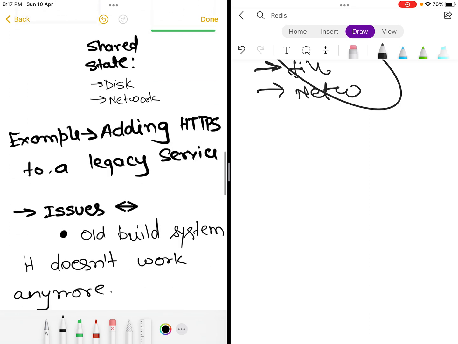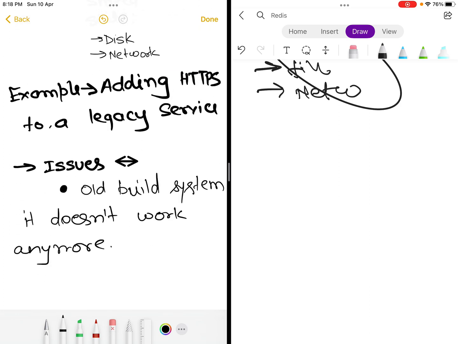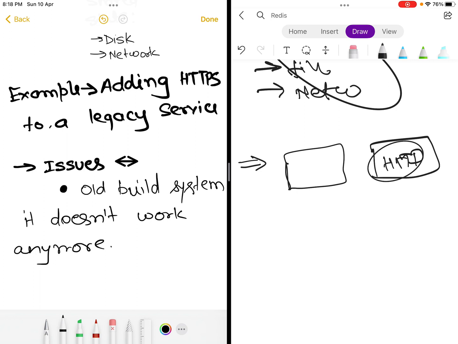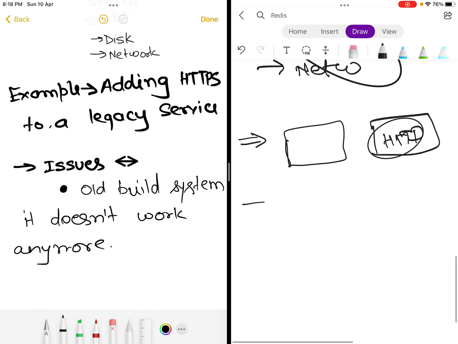Let's look at one case where the sidecar will be used. Suppose you have one legacy application already running on HTTP. As we all know, encryption nowadays is very much required and all data traveling over the network should be encrypted.